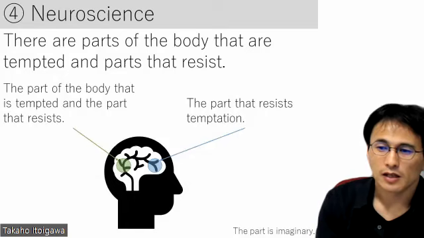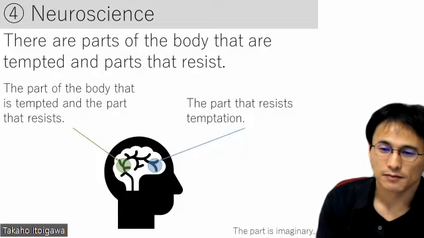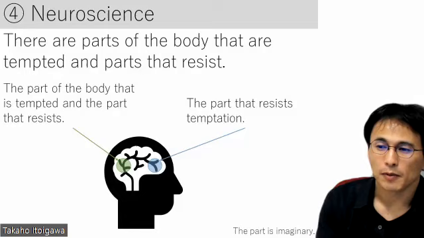In other words, some parts of the brain are highly motivated by temptation, while others try to fight it. The part of the brain that is tempted and the part of the brain that tries to resist temptation are fighting each other. People with a strong sense of reason may have a stronger part of the brain that tries to resist temptation.